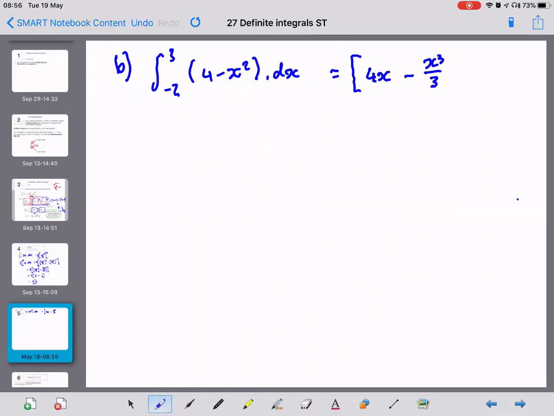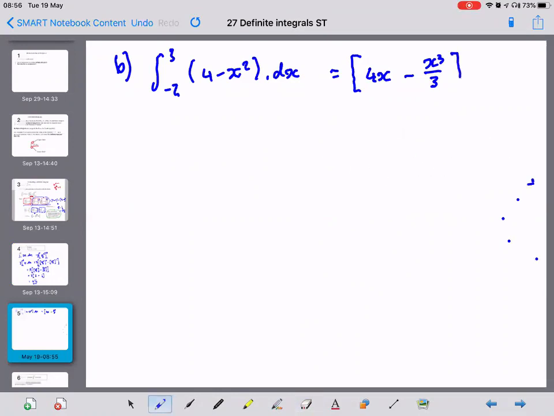Just to clarify and remind you, this one here we could write as 4x to the 0, and then when we integrate, it becomes 4x to the 1 over 1, which is 4x. Just to show you where that variable comes back when we integrate a constant.